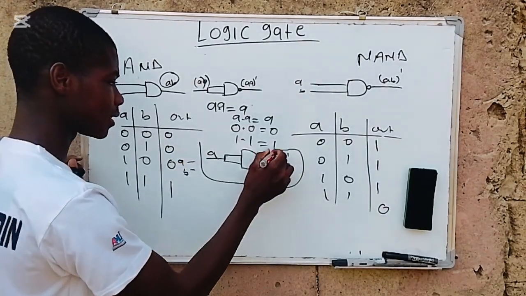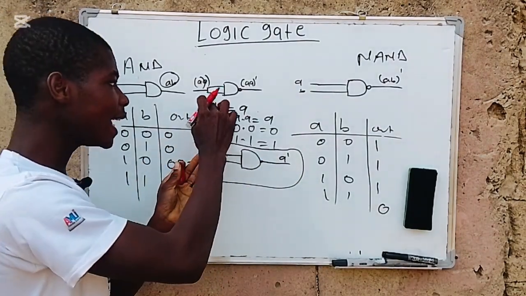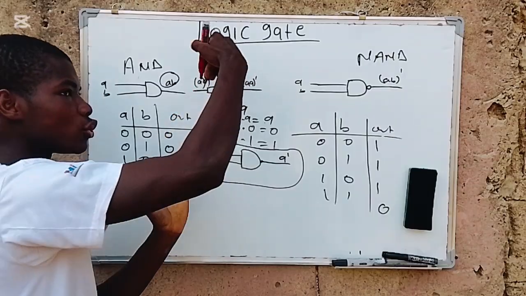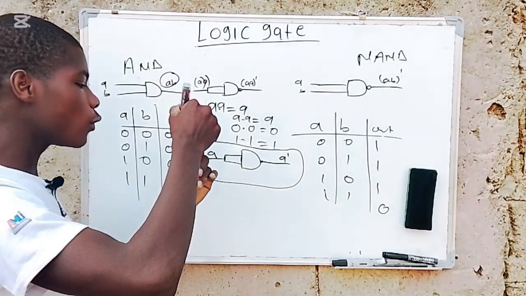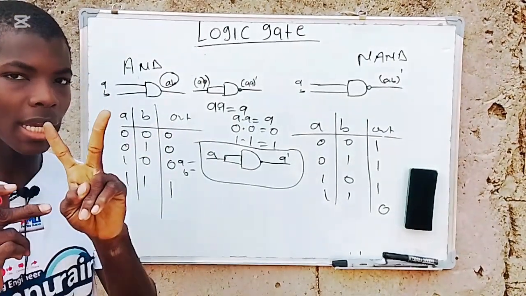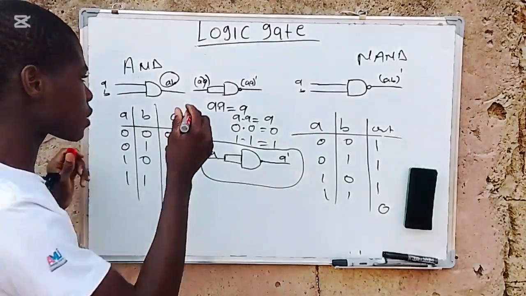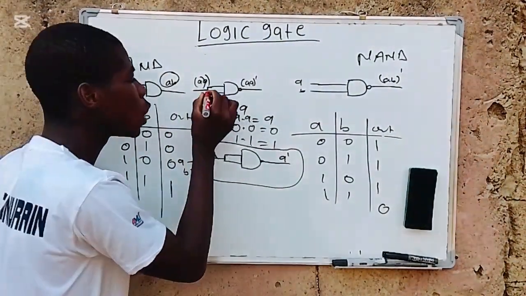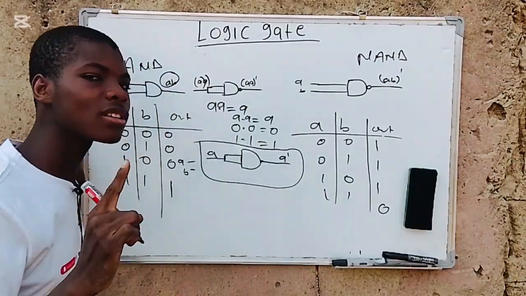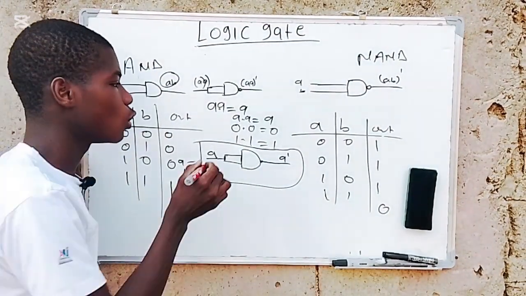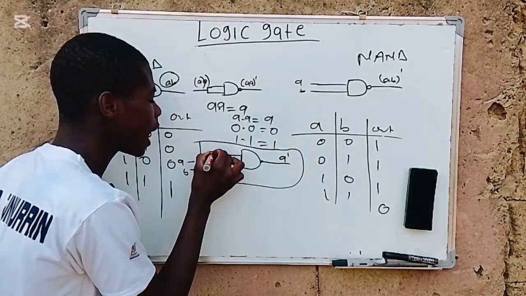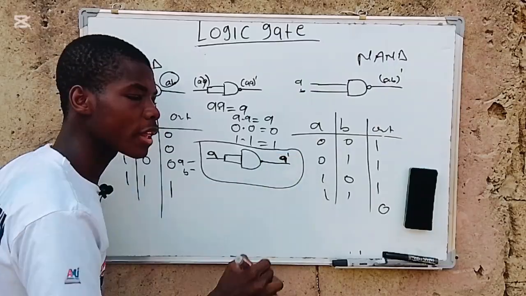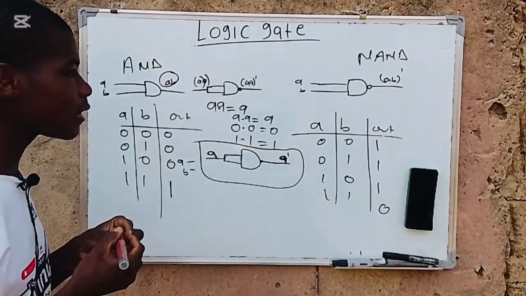I hope you get it: because I join the terminals, I end up with A times A, dealing with only the value of A, excluding B. So therefore at the end I will have A with A complement.